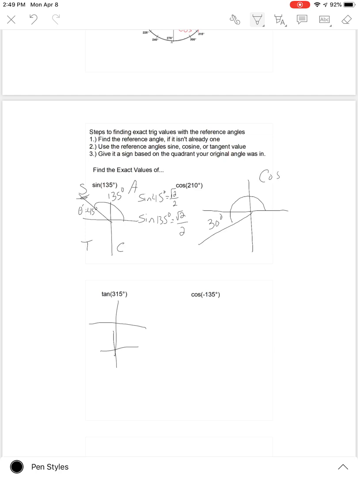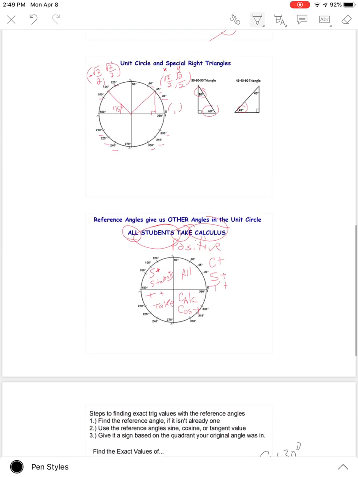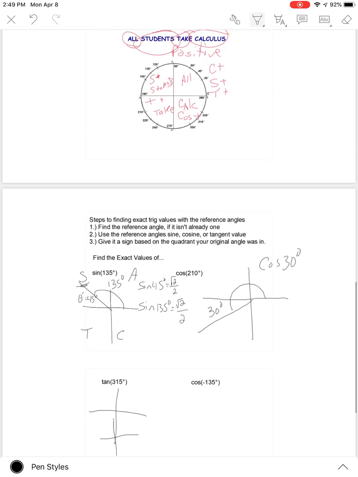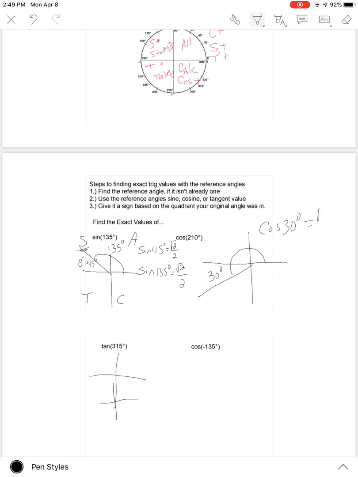Well, the cosine of 30 degrees is going to be, I got to double check real quick, the square root of 3 over 2. But all students take calc. Tangent's positive, so cosine is negative. So the cosine of 210 degrees will be negative square root of 3 over 2.